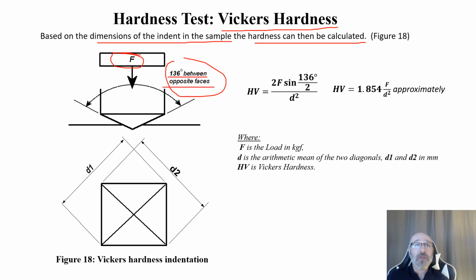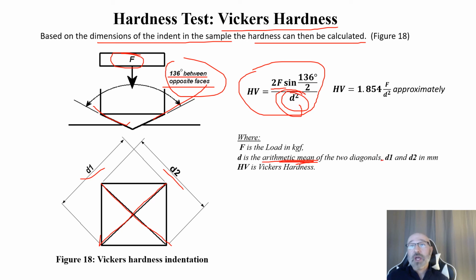Based upon that angle, we have this relationship: Vickers hardness is equal to 2 times the indent force times the sine of that angle, divided by d squared, where d is the mean of these 2 diagonals that we're measuring. So we measure tip to tip right there and tip to tip right there. We call those D1 and D2, where d in this formula is the average between those two, in millimeters.